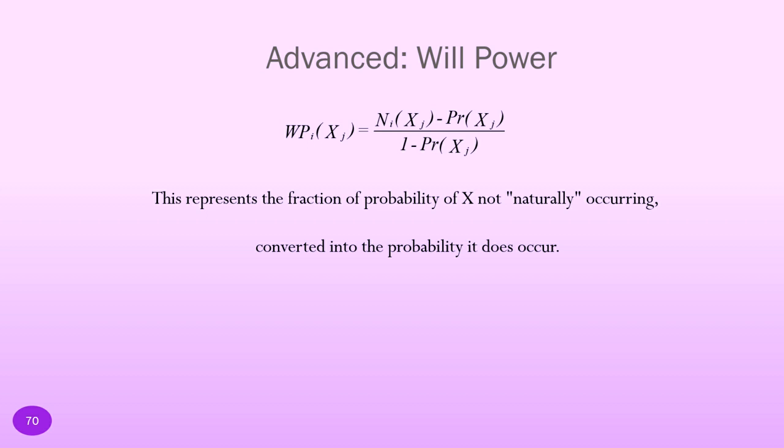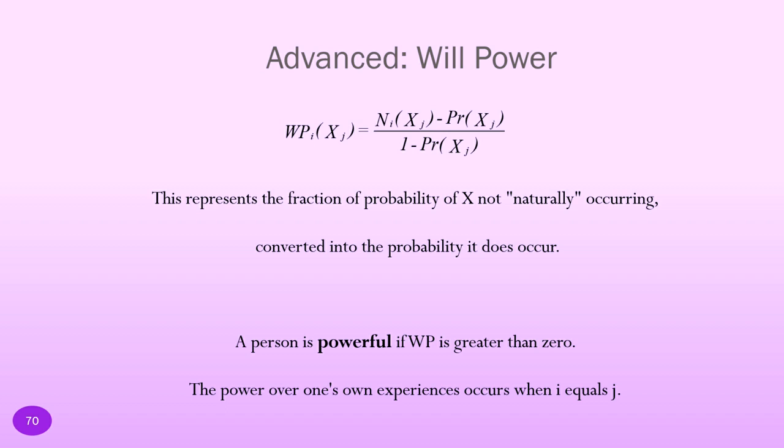Okay. So again, this represents the fraction of probability of X not naturally occurring and converted into the probability that it does occur. So a person is powerful if their willpower is greater than 0, and the power over one's own experience occurs when I is equal to J.